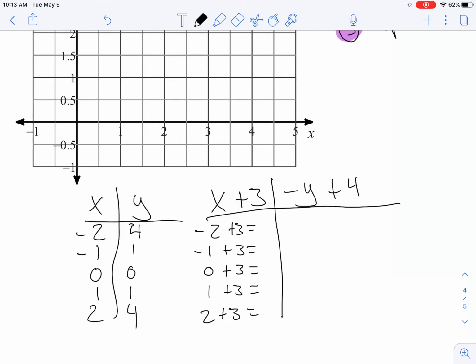I build that side out, and then I build my other side out. I'm going to be replacing y with something. And we're going to take the opposite of that number and then add 4 to it.